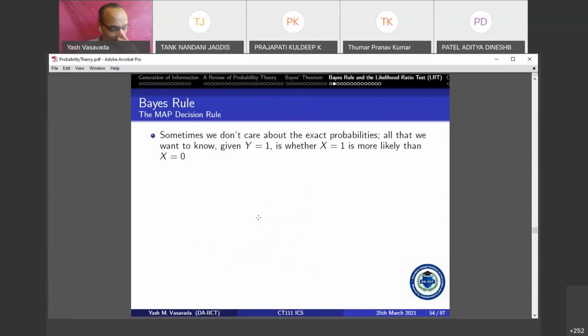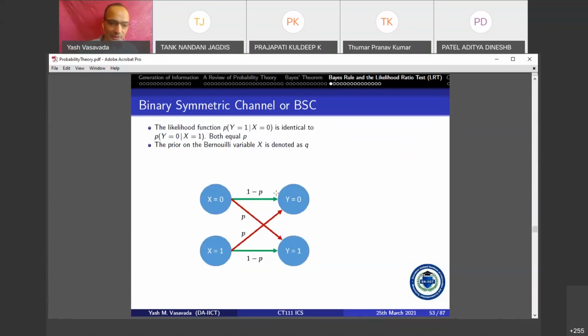Now let us look at this in a little more careful manner. Remember, what we are trying to do is, at the communication receiver, we have observed y equal to 0. And now we want to decide whether the transmitted bit was 0 or 1.